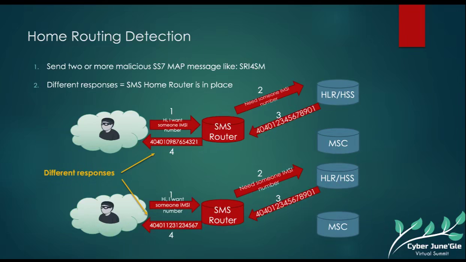In the second attempt, the hacker resent the same message to request the IMSI. As a true result, the hacker must retrieve the same value of IMSI. However, as you can see, the numbers are different. So the hacker received different numbers as IMSI. So in this case, SMS home routing is in place.